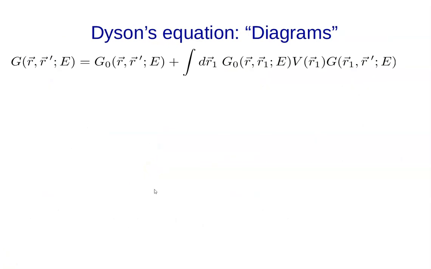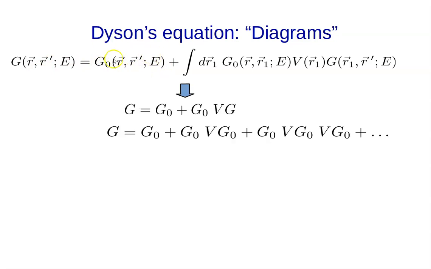Now, let's take a look and see how we can pictorially see what's going on here in terms of diagrams, quote unquote. So if we write these Green's functions, I can essentially substitute in this integral different approximations for G. So for instance, the first term would be obtained by replacing G by G naught, which is the zero order approximation, and that will give me the first order term.